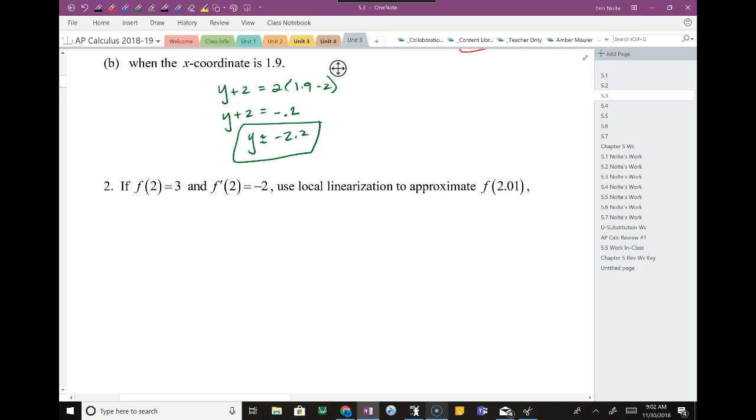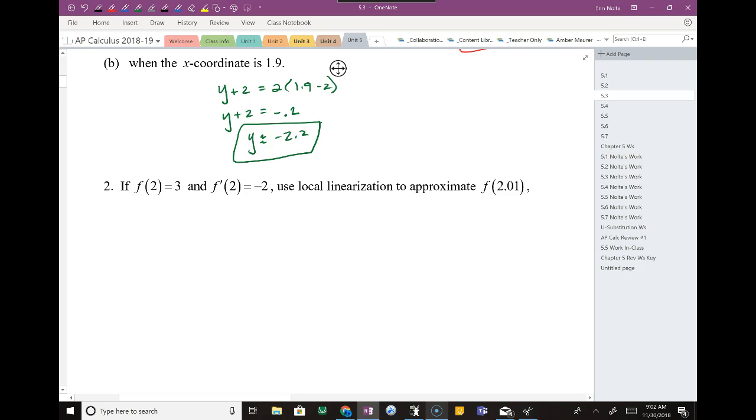All right, so if f of 2 is equal to 3 and the derivative at 2 is negative 2, can we use local linearization to approximate 2.01? The nice thing about this is it looks scary, but it's way easier than the last question, because they're giving us all of the pieces, right?